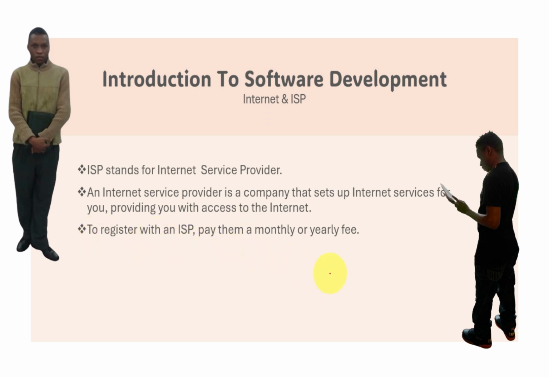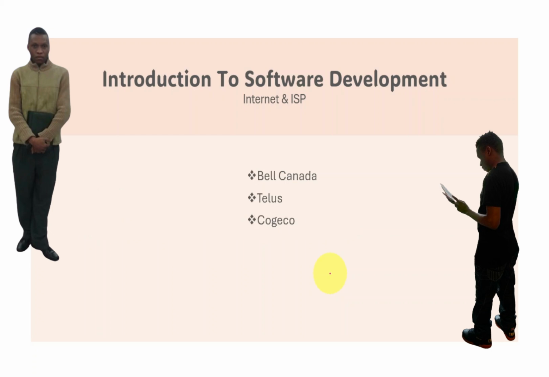So in Canada, for example, we have Bell Canada, Cogeco, Telus, Worldline. So it depends. In case you want to get the internet, home phone, TV, home phone together, and the fax, you go with them.